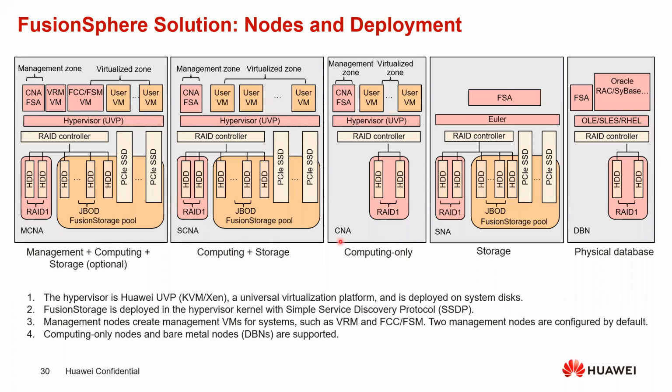You can see that after the operating system, only one component, FSA, is installed. The next node is the CNA node, which is called the computing node. This computing node has the CNA plus FSA, the Fusion storage agent, to connect the storage spaces. It allows you to create a virtual machine on this node. So the question here: can I create a VM on the storage node?